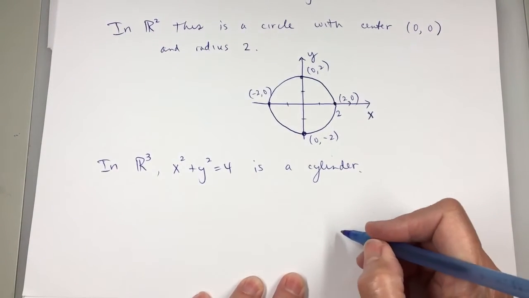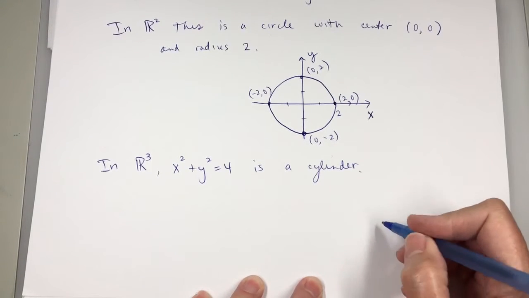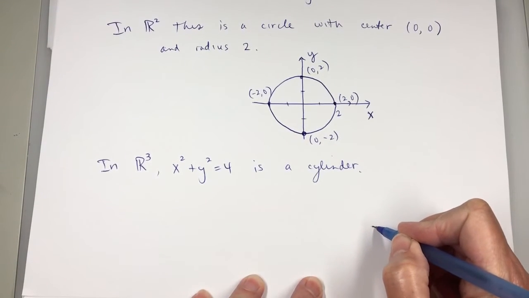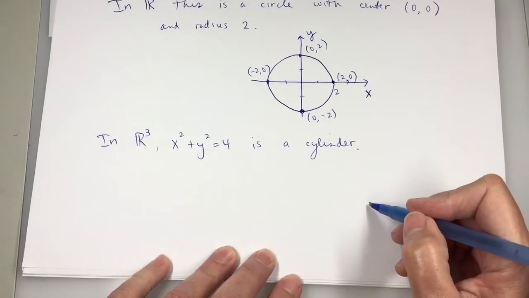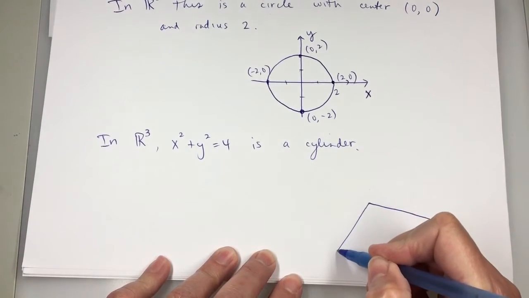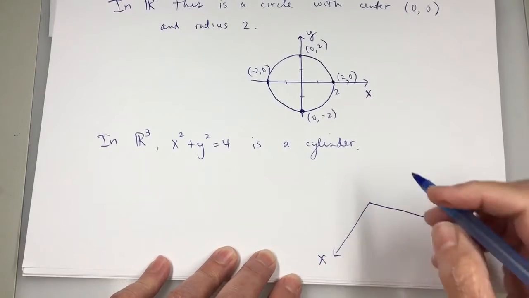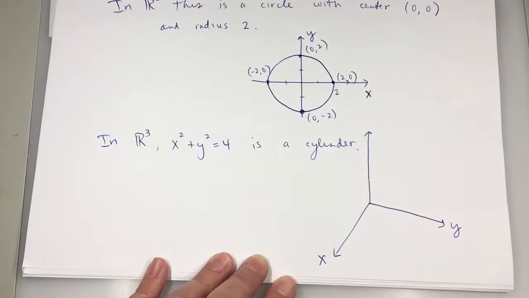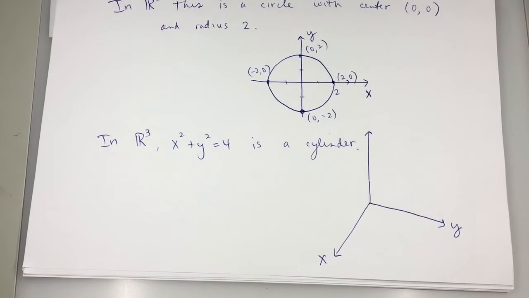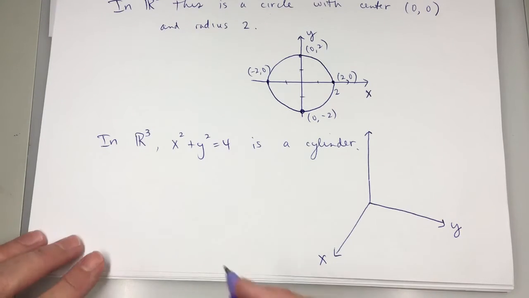I'll draw my x, y, z axes. Here, I'm going to put y at that angle, the way that the book has drawn a lot of these. And then z is straight up. So what I'll do is I'll sketch what's called the trace in the xy plane.